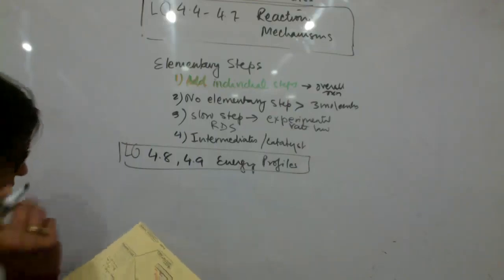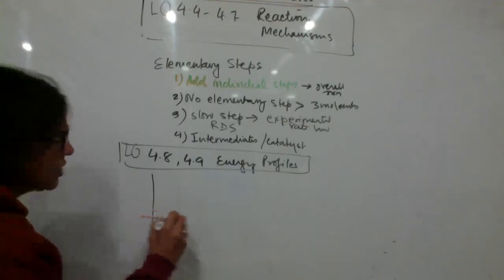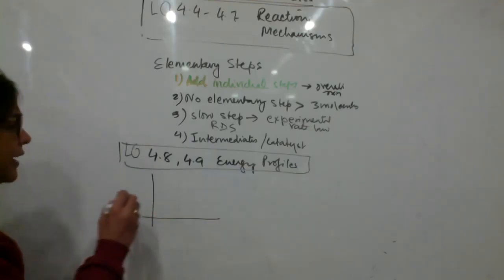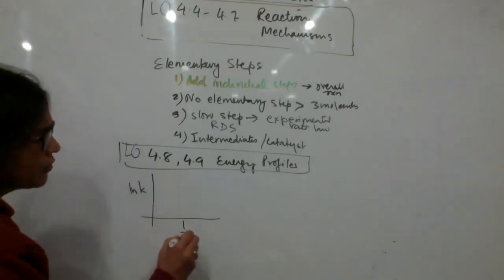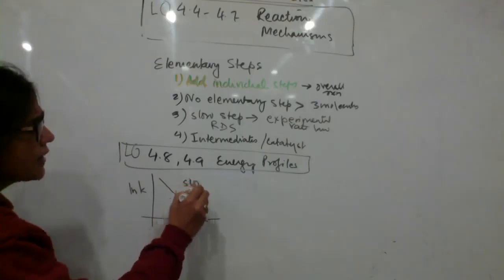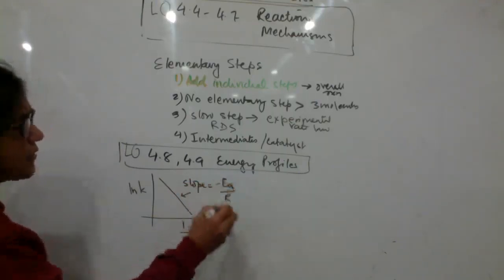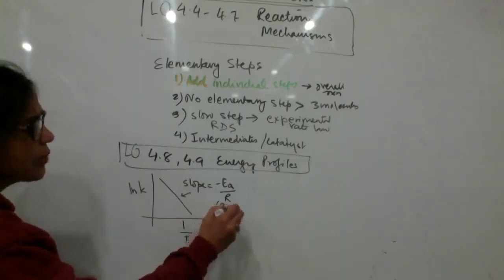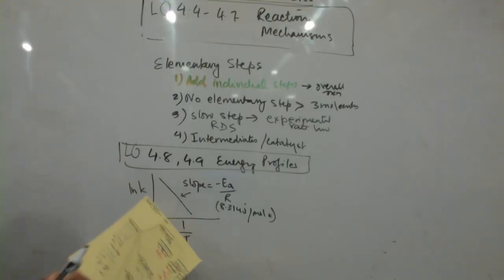So if you add a catalyst, it speeds up a reaction, and activation energy can be calculated if you plot natural log of rate constant and 1 over absolute temperature, then the slope of the graph is equal to negative EA over R, where E is activation energy, R's value is 8.314 joules per mole Kelvin.